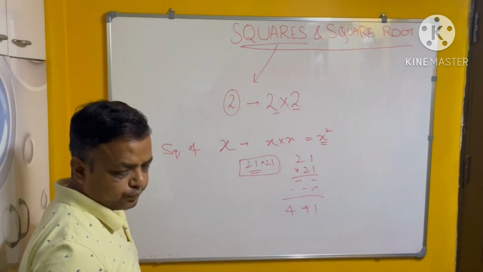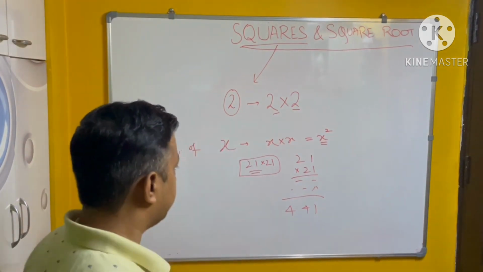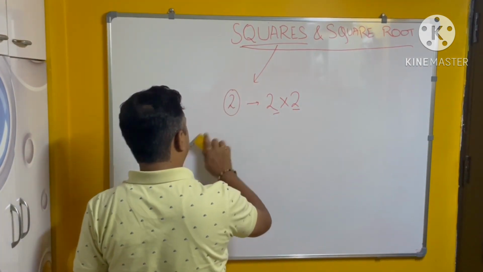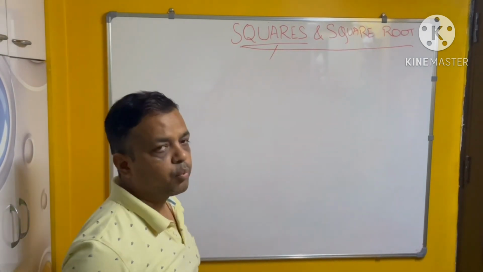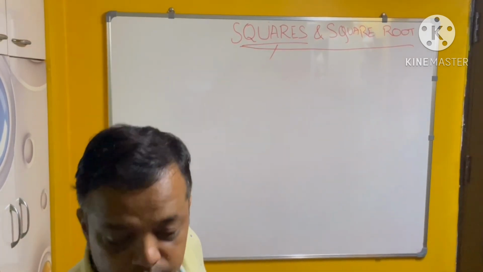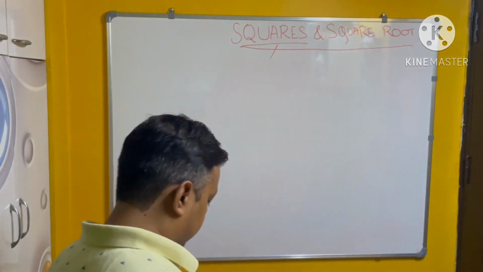Now some rules are already there. If you get a question whether this is a perfect square or not, there are some rules for that.